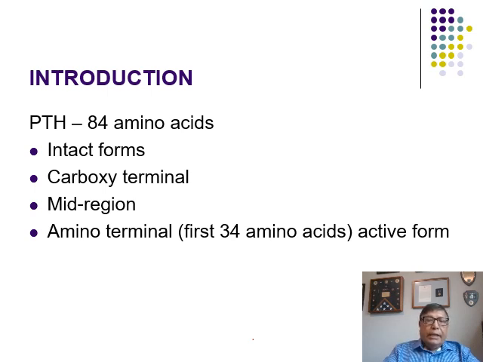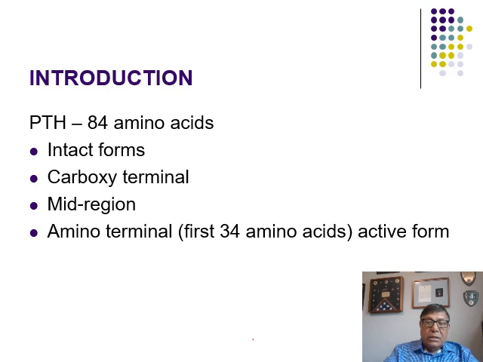Now, the amino terminal is the first 34 amino acids of this big chain, and that's the active form. However, when somebody orders a parathyroid PTH test, we usually measure the intact form because that's almost 50%.